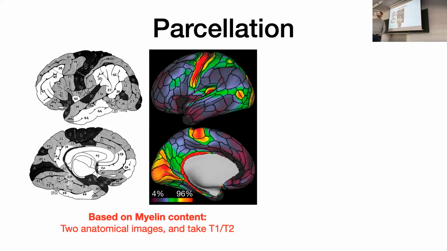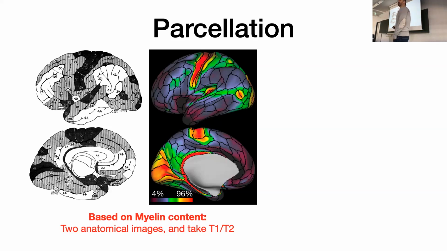And it's old, people don't use it so much anymore, but specific regions can still be designated by this BA and then a number. That always stands for Brodmann area. So for example, BA17 is this first visual region. That's why I know it. All the others, I don't know.